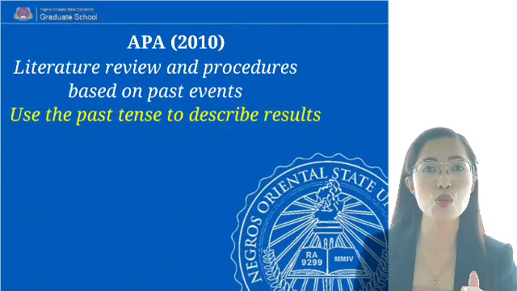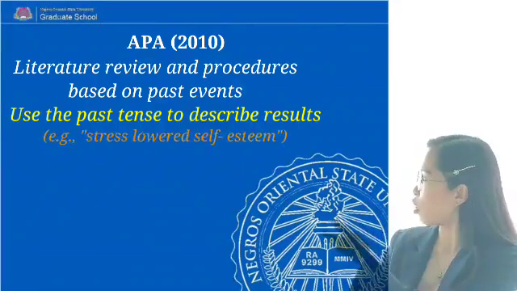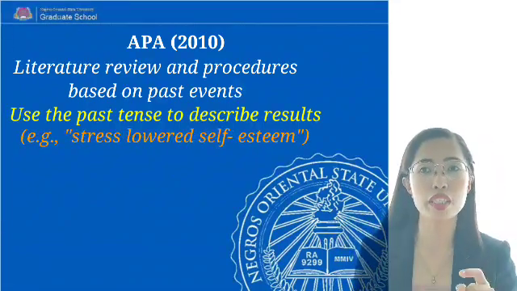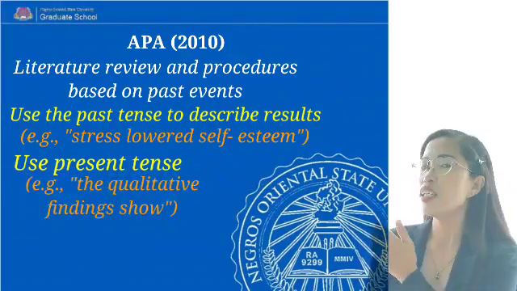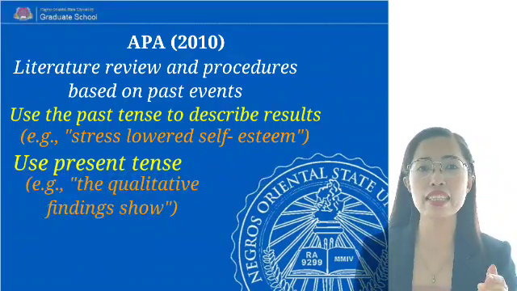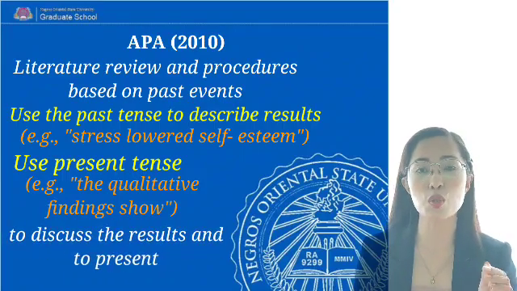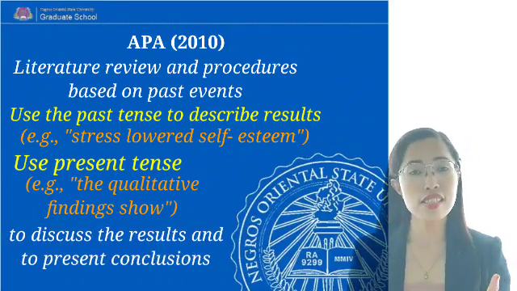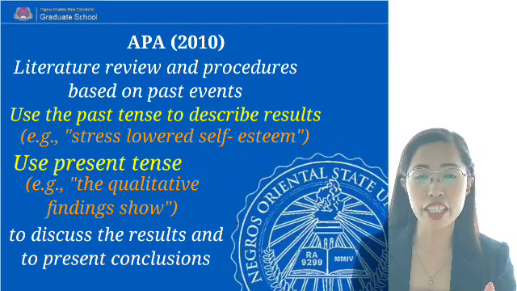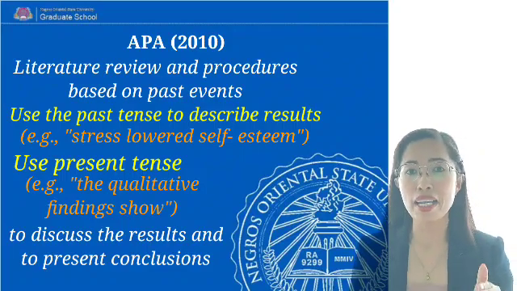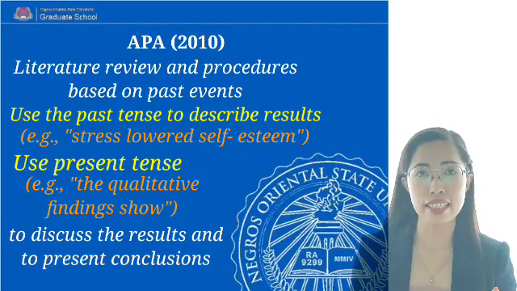Use the past tense to describe results, for example, stress lowered self-esteem, and the present tense, for example, the qualitative findings show, to discuss the results and to present the conclusions. I see this not as a hard and fast rule, but as a useful guideline.